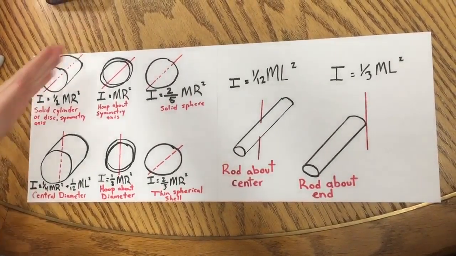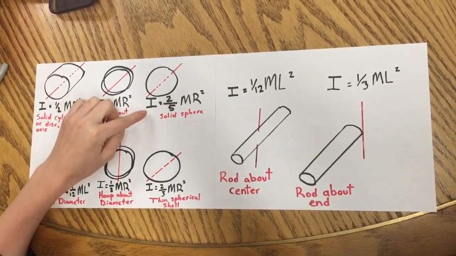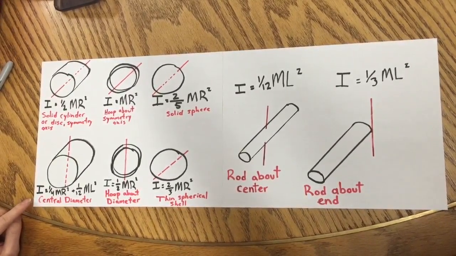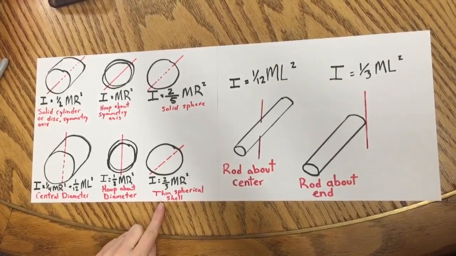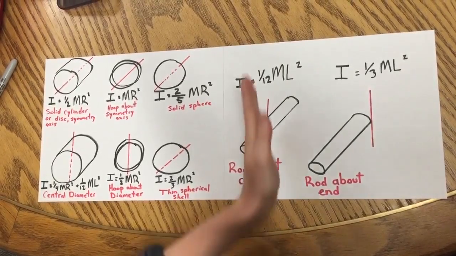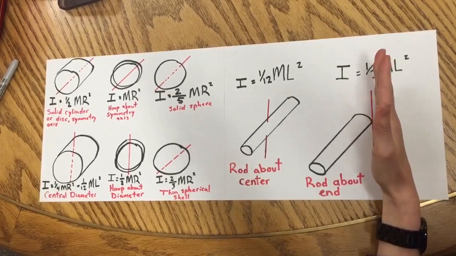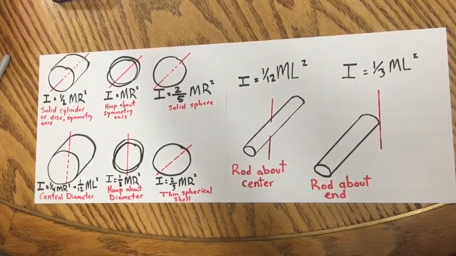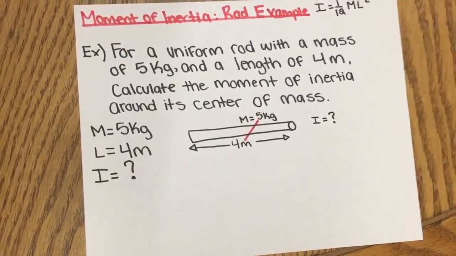This one is a hoop about its symmetry axis, then a solid sphere, a solid cylinder about a central diameter, a hoop about a diameter, a thin spherical shell, a rod about its center, and a rod about its end. Within the equations that have an L, the L stands for length. This is an example of moment of inertia for a rod.